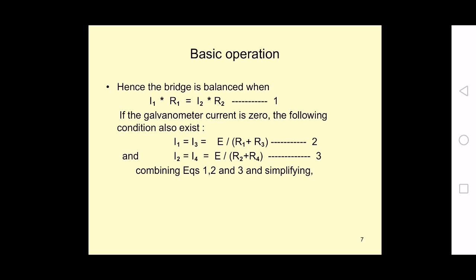And since the galvanometer current is 0, we have two more equations: I1 equals I3 equals E by R1 plus R3, and similarly I2 equals I4 equals E by R2 plus R4. Then combining these three equations, we can simplify using simple mathematics.